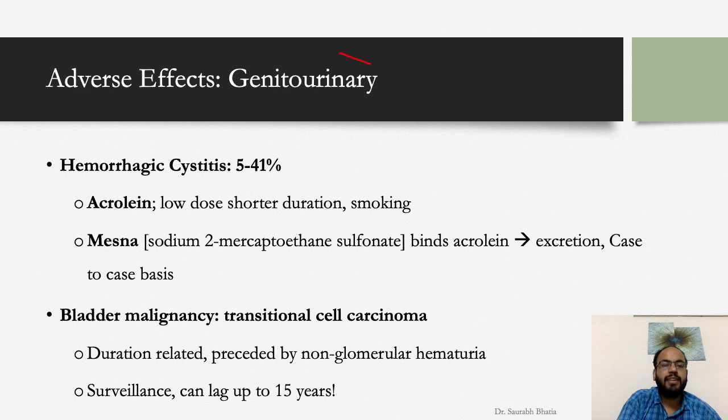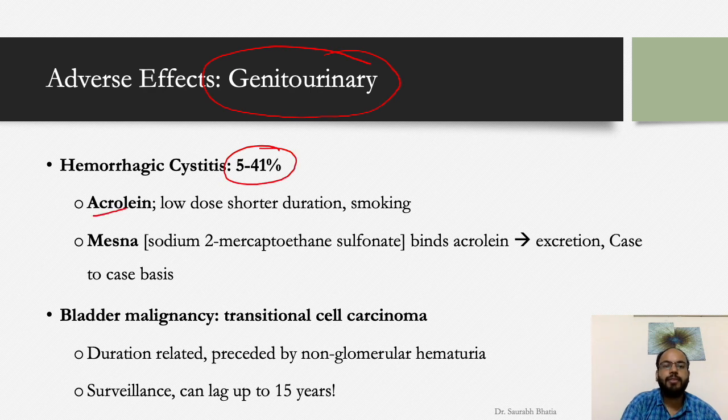Genito-urinary side effects are a major concern, as this is one of the major organs affected by cyclophosphamide use. We have to be very careful, and our urine analysis should be much more rigorous while the patient is taking cyclophosphamide. Hemorrhagic cystitis is seen in 5 to 41% of patients.